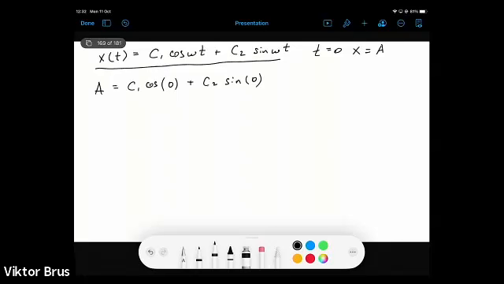We know that sinus of 0 is equal to 0, and cosinus of 0 is equal to unity.